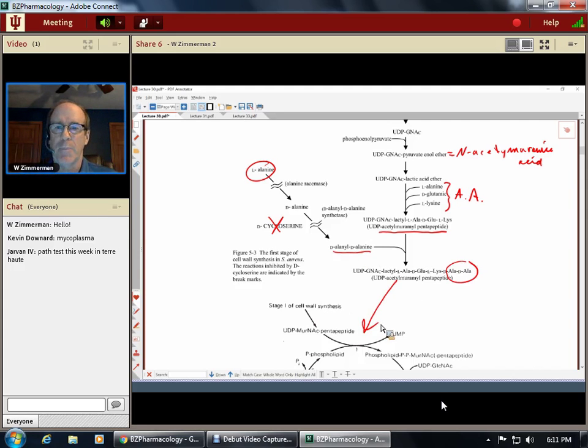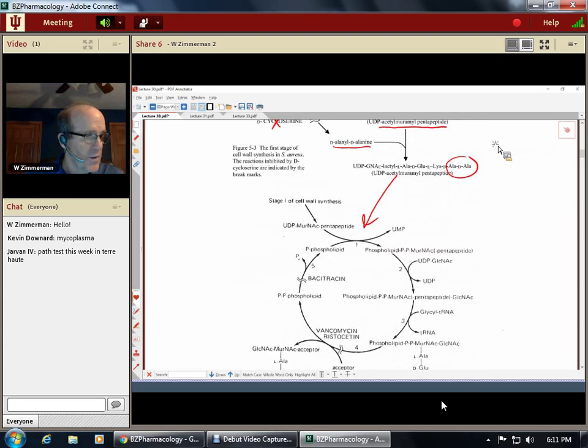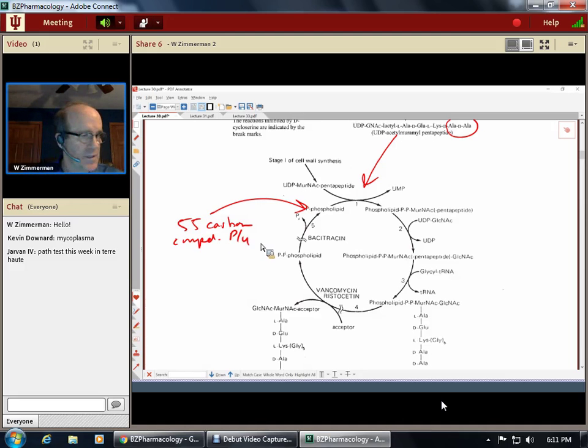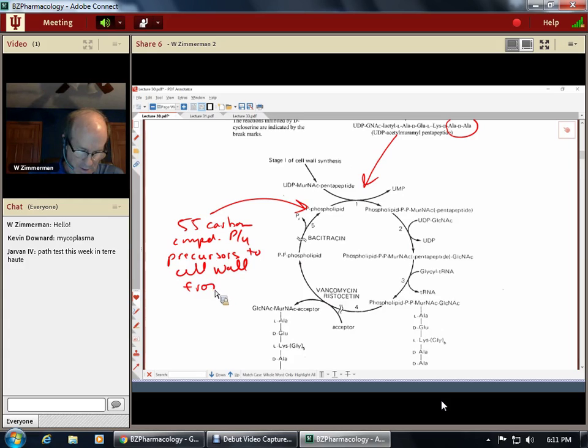But then this muramyl pentapeptide gets picked up by this big 55 carbon precursor. It's a 55 carbon compound, and there's a phospholipid here. What this compound does is pick up precursors to the cell wall from the cytoplasm.